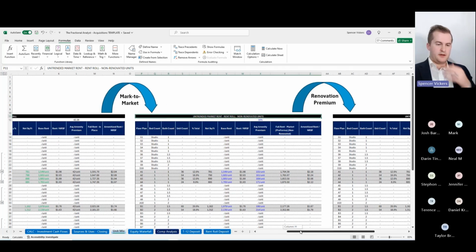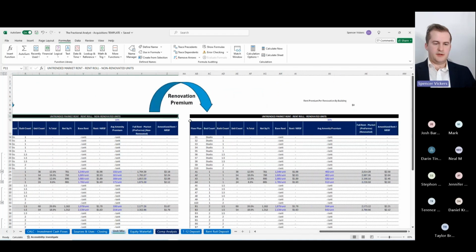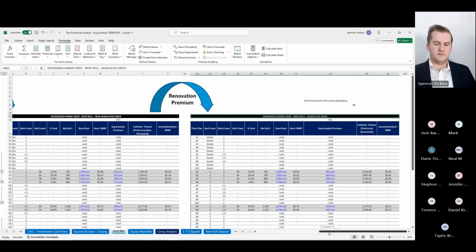So this is going to be the market rent, assuming that there is a mark-to-market opportunity without having to do any renovations. And then this unit mix over here is going to be the market rent for units that are going to be renovated. So assuming that there is some delta between the market rent for the units as they are without doing any renovations versus those same units if you renovated them, then that's what this unit mix over here is going to be, and that's going to generate your renovation premium.